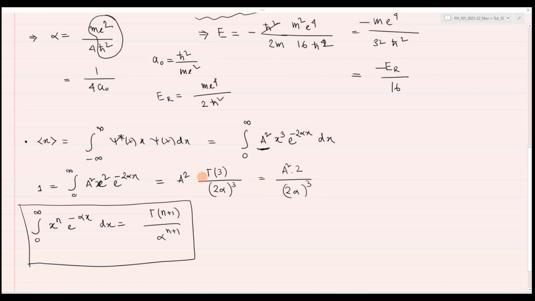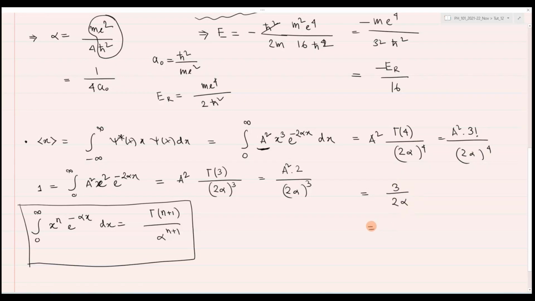Same way, after you get a, you put it here, this integral will become a square gamma of 4 divided by 2 alpha to the power 4. Gamma of 4 again is 3 factorial. When you substitute the value of a, you will get your expectation value to be equal to 3 by 2 alpha.